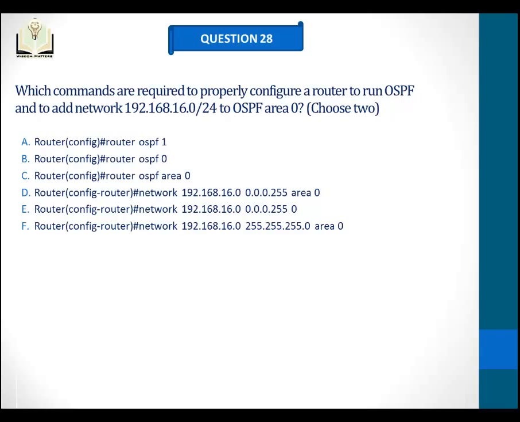Router ospf 1, router ospf 0, router ospf area 0, network 192.168.16.0 0.0.0.255 area 0, or network 192.168.16.0 255.255.255.0 area 0.